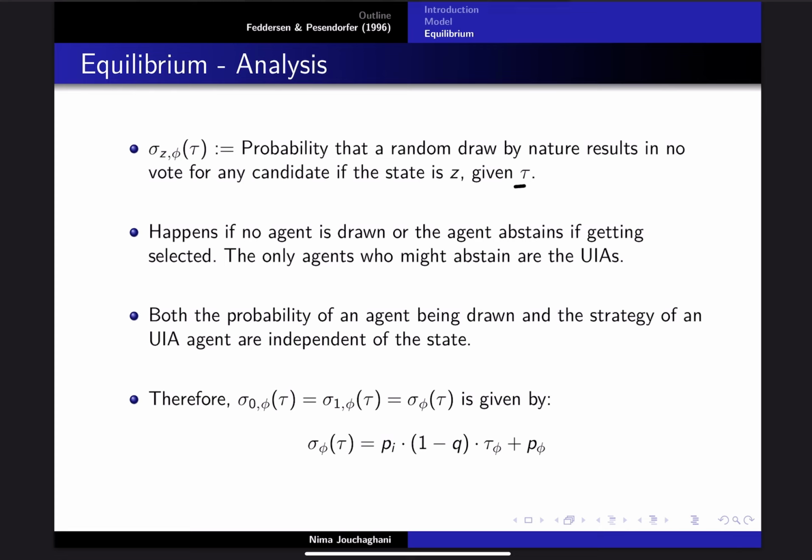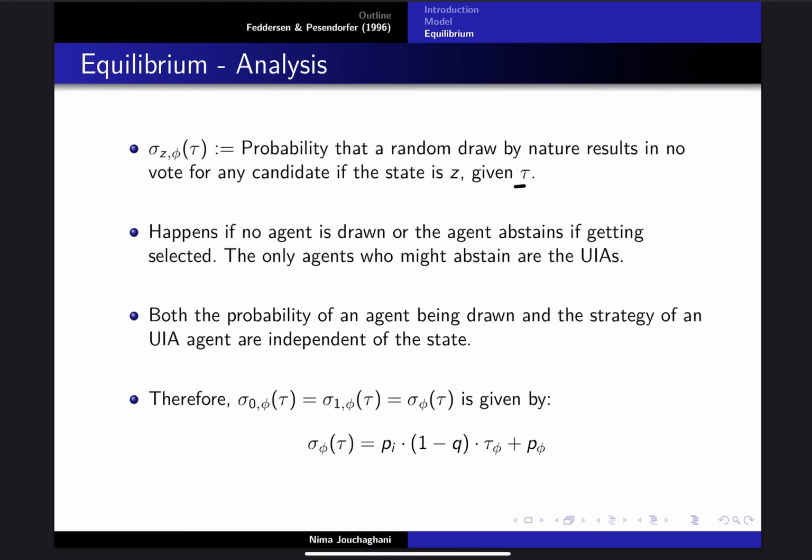So this happens if no agent is drawn. Yeah, so this can of course happen. Or if the agent who gets selected is not voting, who is staying abstained.